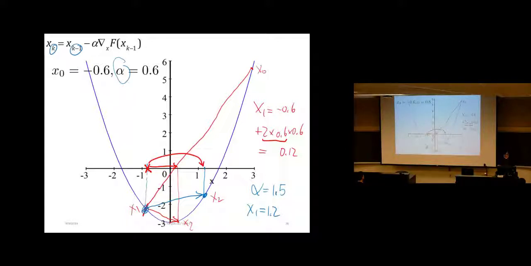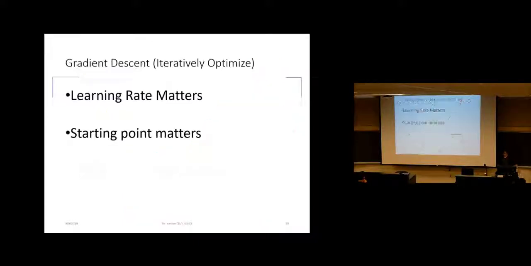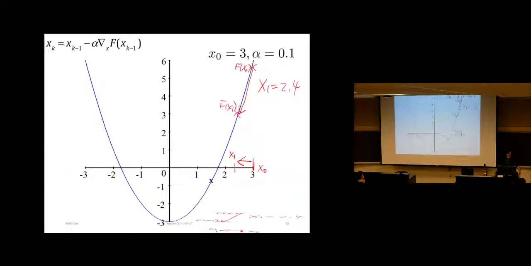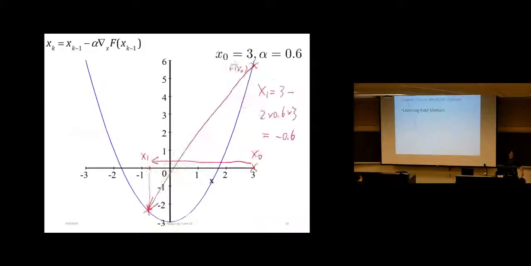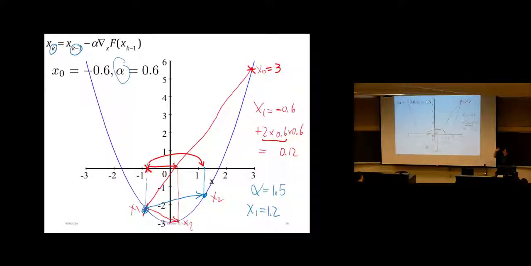It's much easier to see the behavior of the y change. Sorry, I actually started my x0 from 3 here. x0 equals 3, x1 equals -0.6. Let's go back here. So x0 equals 3, and your learning rate is 0.6, and then your x1 will be 0.6.